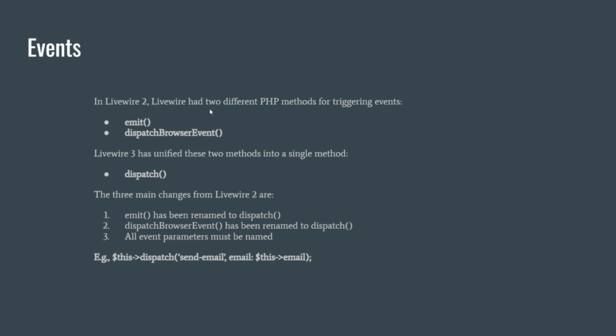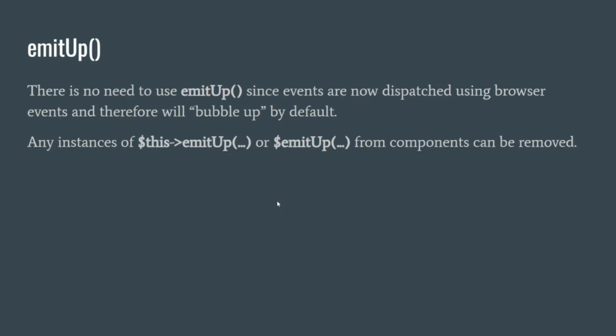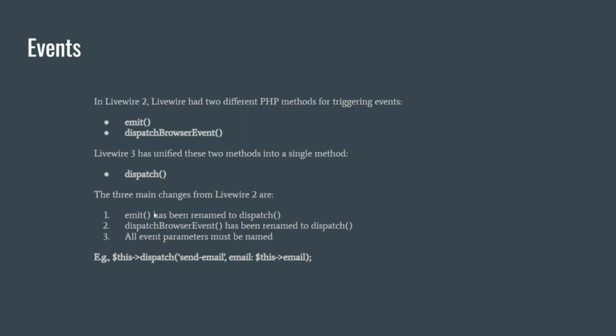Previously in version 2, there were two methods for triggering events, like emit and dispatchBrowserEvent, while Livewire 3 has unified these two methods into a single method named dispatch. What changed from version 2 to version 3 is that emit has been renamed to dispatch. dispatchBrowserEvent has also been removed and renamed as dispatch, and all the event parameters must be named. Okay, what does that named mean? We can see an example here.